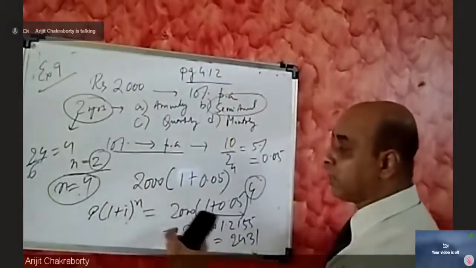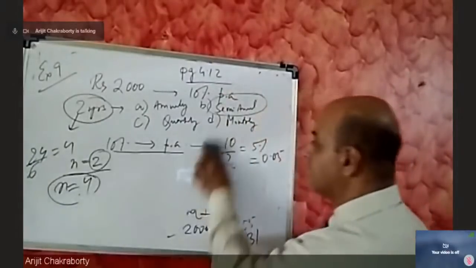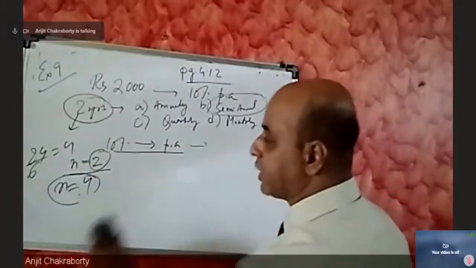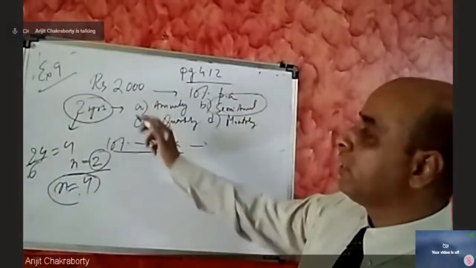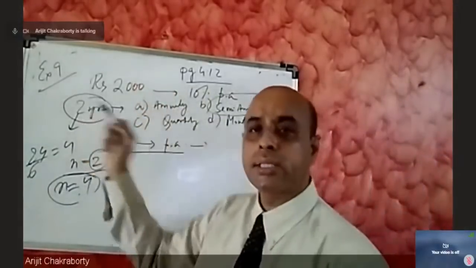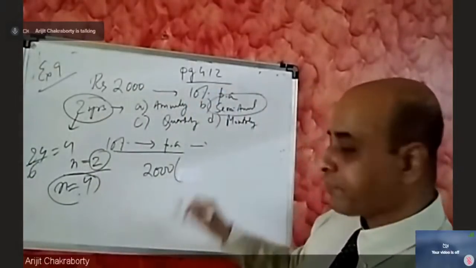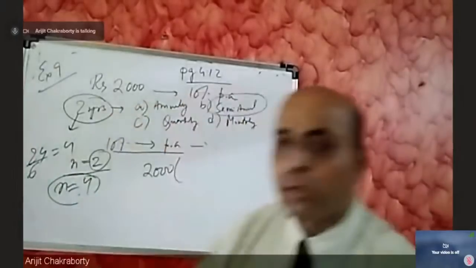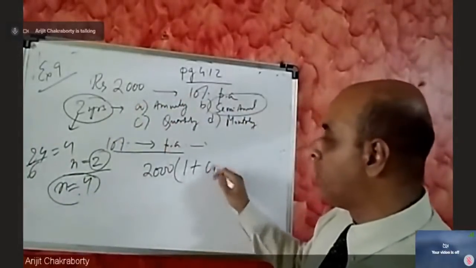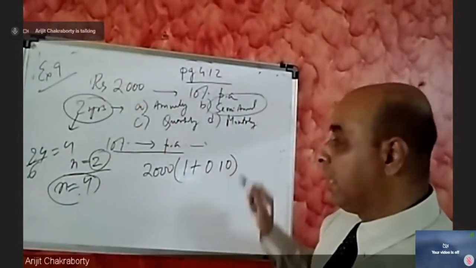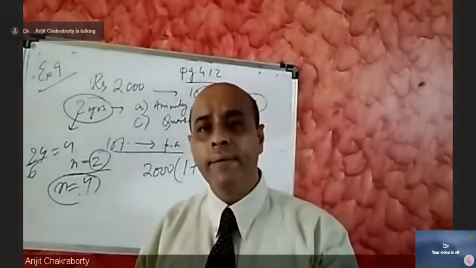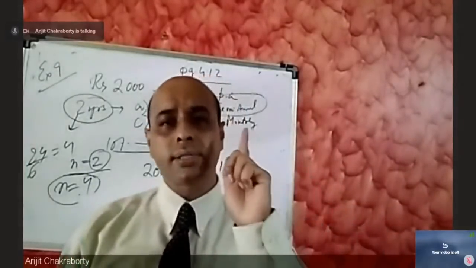If we go for annual compounding, same thing. Only thing is, in case of annual compounding, what will happen? 2000 rupees, 2 years, annual compounding. We know the interest is 10%, so 0.10. And in case of annual compounding, in 1 year, compounding is done once.